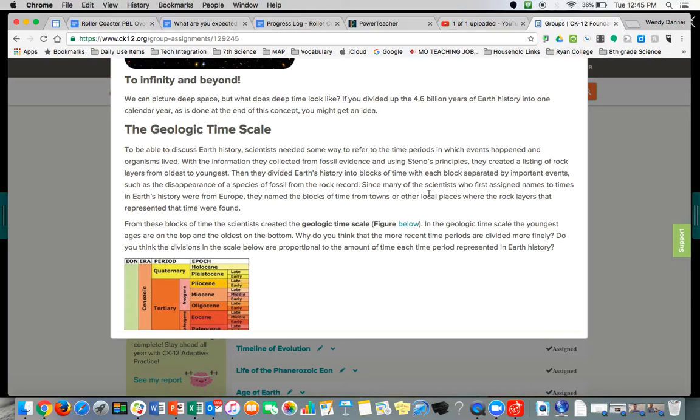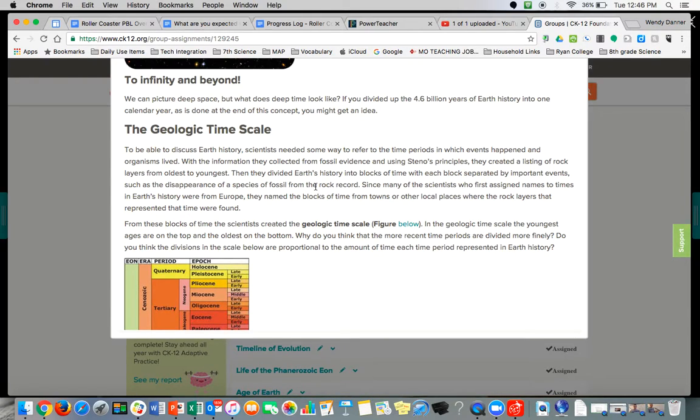Now, fossil record. They created a listing of rock layers from oldest to youngest. Created layers of rocks from oldest to youngest.